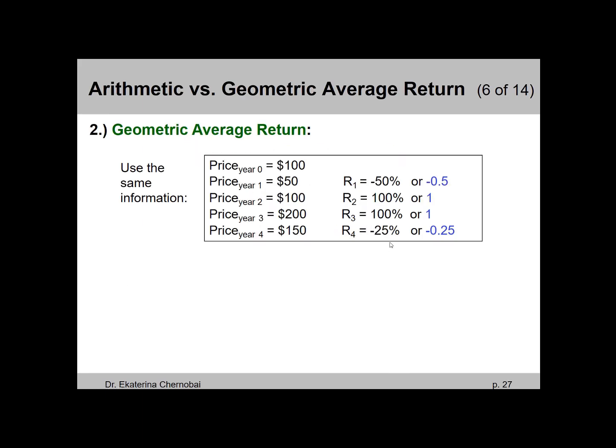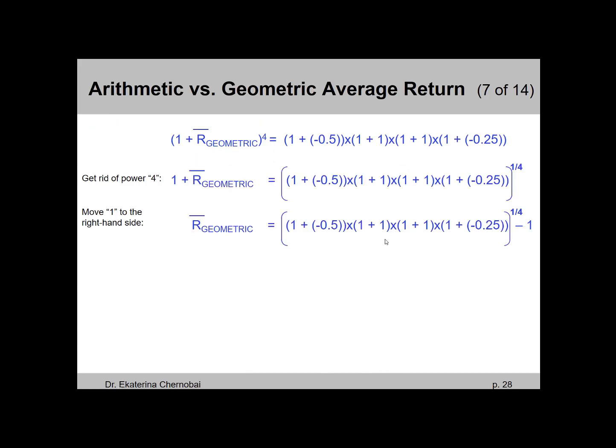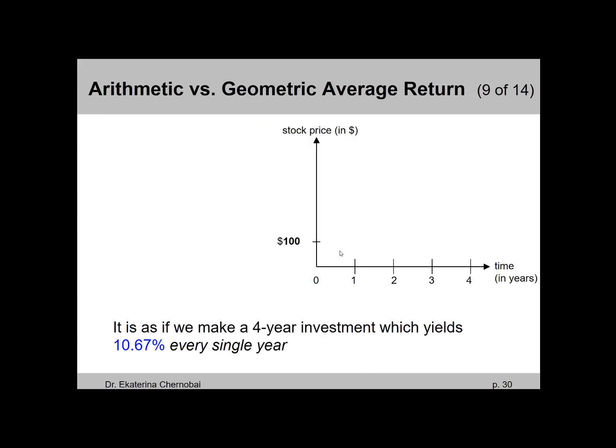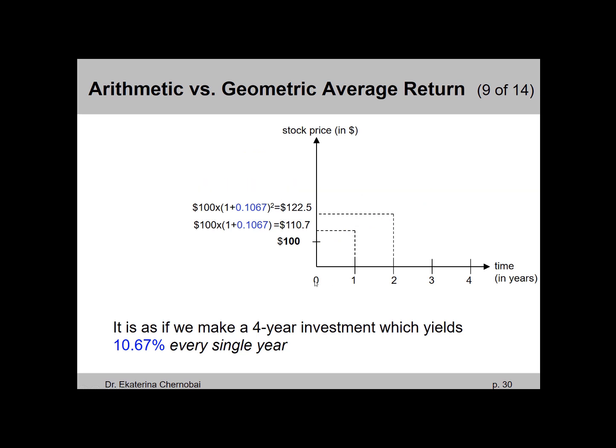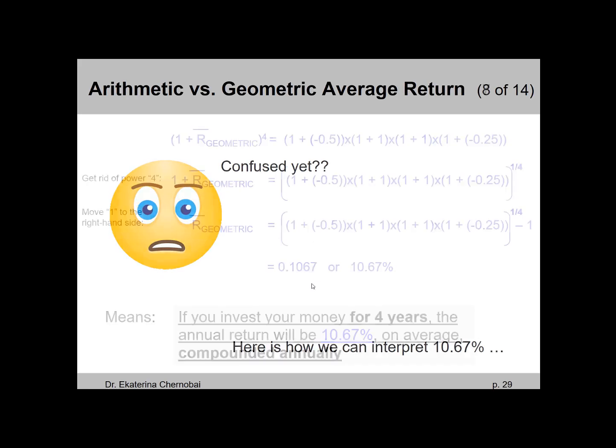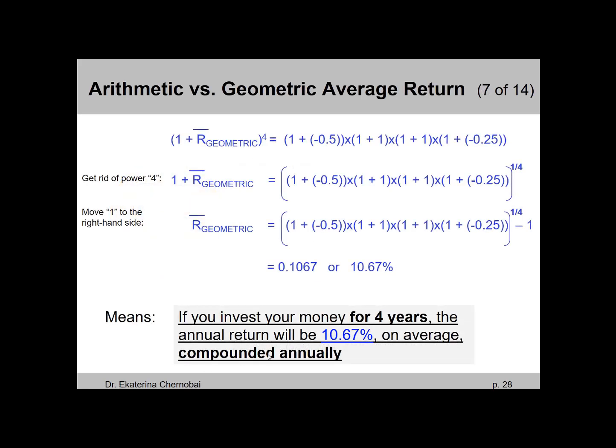And we are forcing the return to be such that we have this gradual increase in our money, smoothly going from 100 to 150, right? And because this return repeats every year, as if it repeats every year, part of our definition of the geometric average is compounded annually. And we have to specify the entire investment period, all 4 years in this particular example.